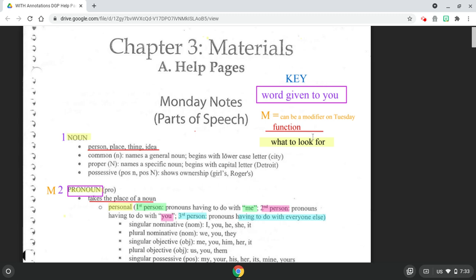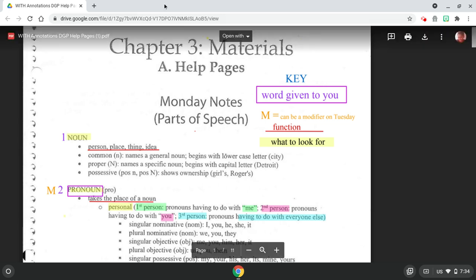Letter M is going to show you if something can be a modifier when we do Tuesday, because remember on Tuesday we're looking for sentence parts and phrases. And then if you see a box around something, that means a word is given to you, so you don't even have to try and figure out the answer. You can look in your notes and the answer is right there. All right? So this is what we'll end up with, our final product.